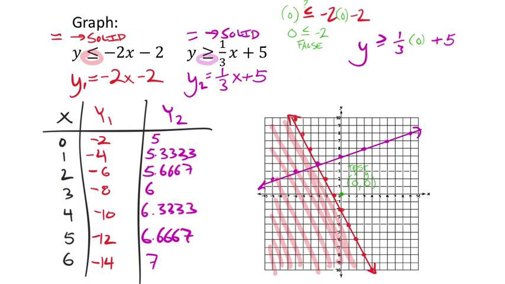But then the y value as well, we'll replace that with 0, because it's from the origin. And we're just going to test to see if this is true. So, this is going to show that 0 should be greater than or equal to 1/3 times 0 plus 5. 0 is greater than or equal to 5. That's false.